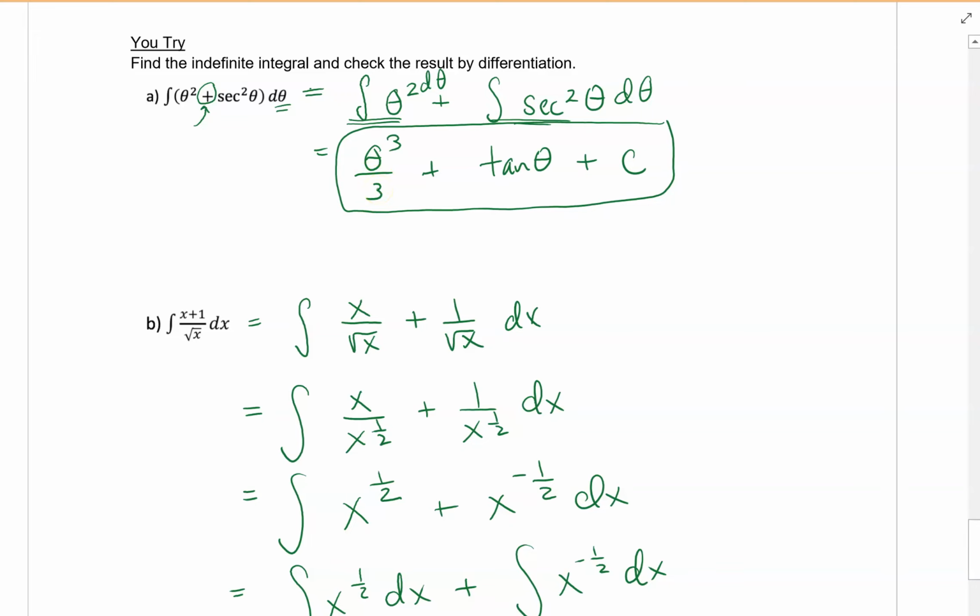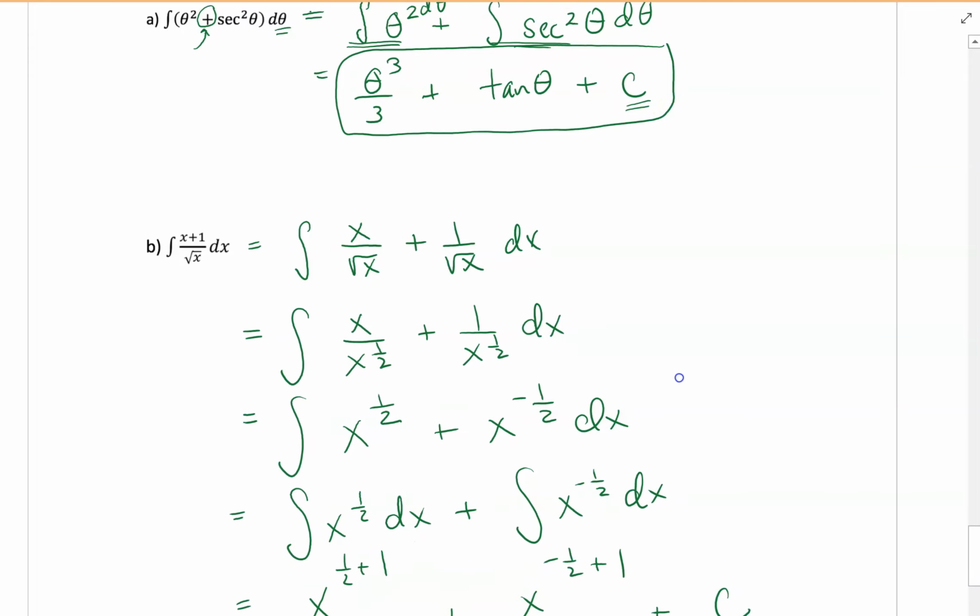So theta cubed over 3. And then we have to remember that the derivative of tangent is secant squared. So therefore, the antiderivative of secant squared is tangent, or tangent is the function whose derivative is secant squared. So that's kind of just by memory, and then you add your constant of integration.